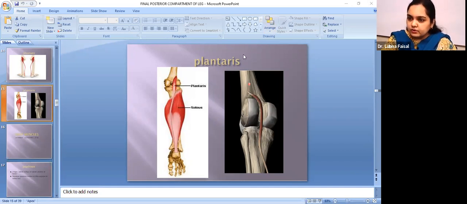Any more questions? So, most superficial will be the gastrocnemius. Just we can say the plantaris is passing on the soleus, in the middle one third.